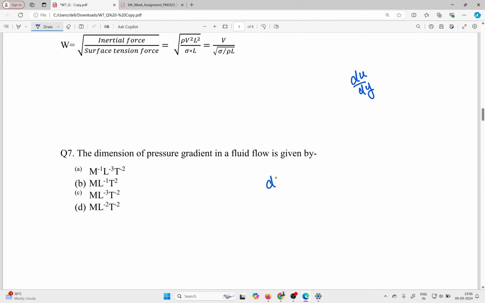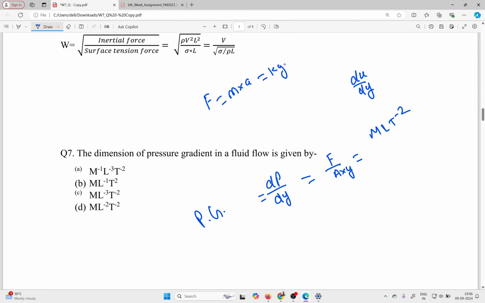Similarly, here you write change in pressure with respect to change in depth. That is your pressure gradient. Pressure is force by area, and y is given already. Force is mass into acceleration. Mass is kg, acceleration is meter per second square.